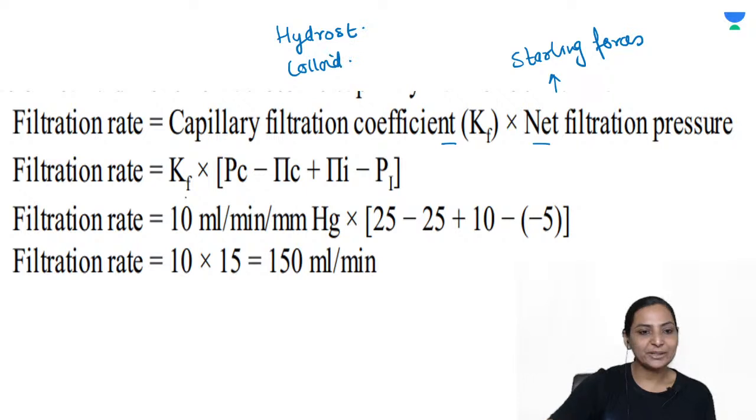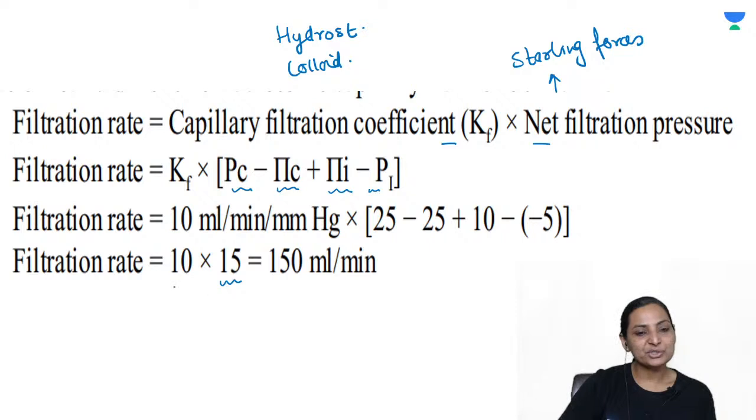So it is Pc, the hydrostatic pressure of the capillaries, minus pi C, the colloid osmotic pressure of the capillaries, plus pi I, the colloid osmotic pressure of the interstitial fluid, minus Pi, the hydrostatic pressure of the interstitial fluid. All these values are given. You have to just put them in, and you will get the net filtration forces as 15.